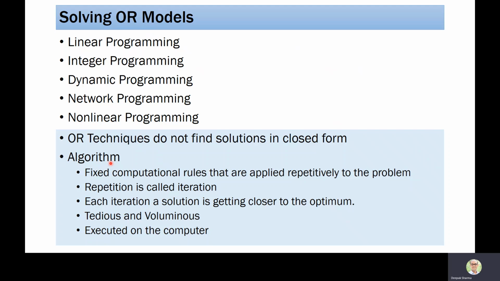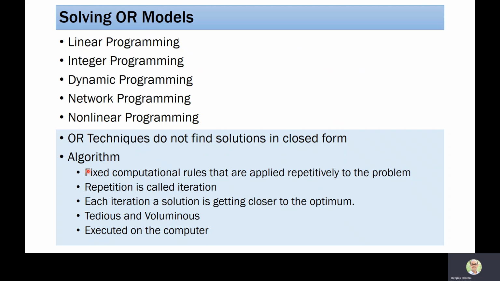What do we mean by an algorithm? An algorithm includes fixed computational rules that are applied repetitively to the problem. This repetition is called iteration. We expect that in every iteration, when these computational rules are applied, the solution gets closer to the optimum solution. Finally, we should get the optimum solution for the given problem.